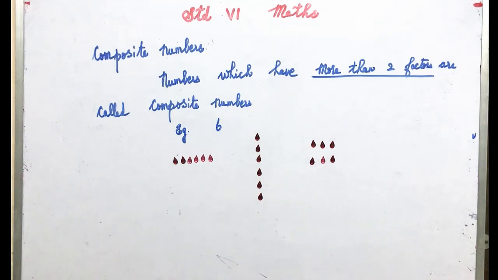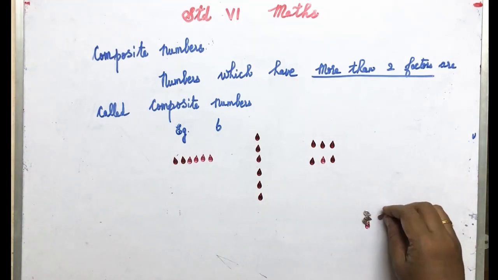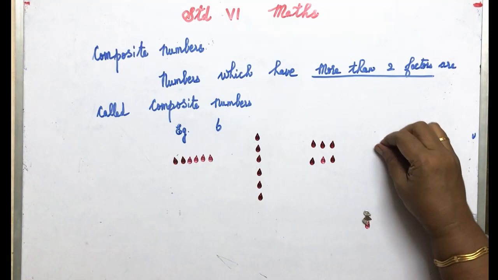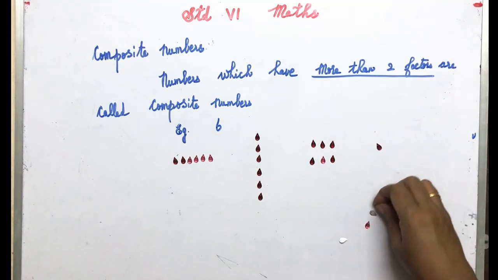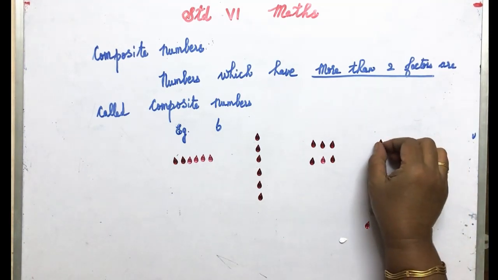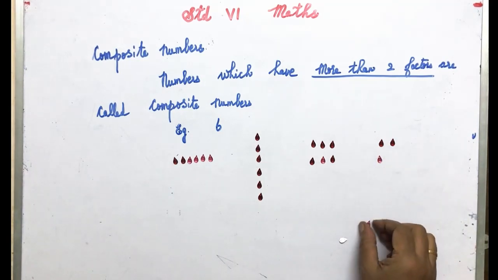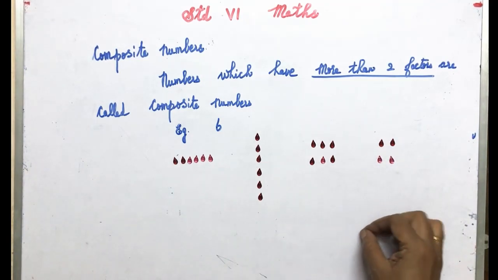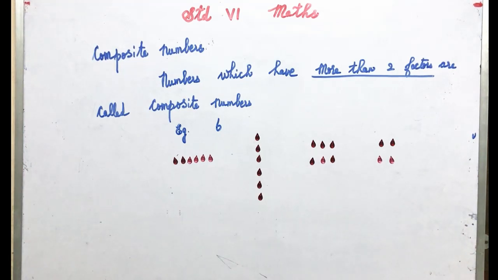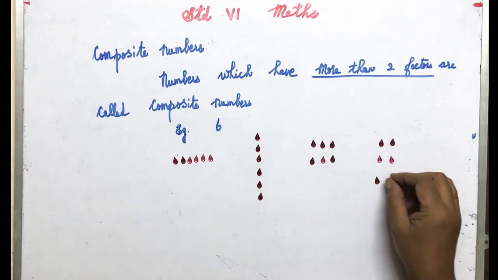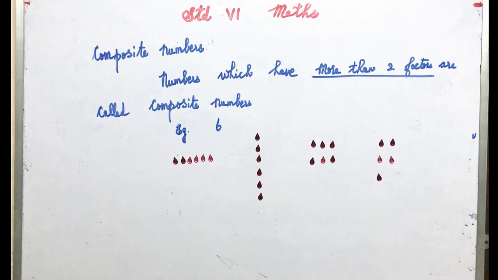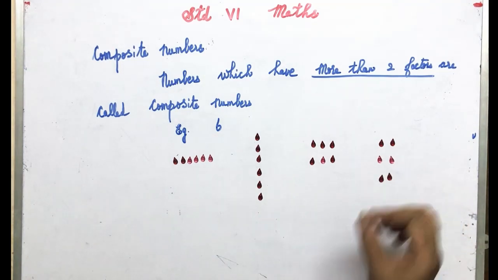So we have 2 rows now. Now next one is we can arrange in 3 rows. So 1, 2, so we can arrange in 3 rows.